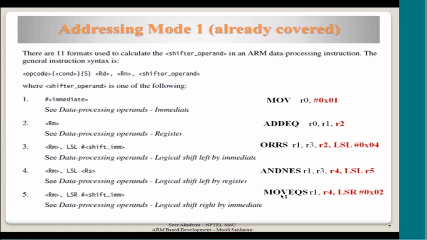Now MOVE is actually moving the value from R4 to R1 after performing this operation on the content of R4. One more thing that you should remember: in all of these operations, whatever the operands Rn or Rm are, the values of those operands are not disturbed by any of them.